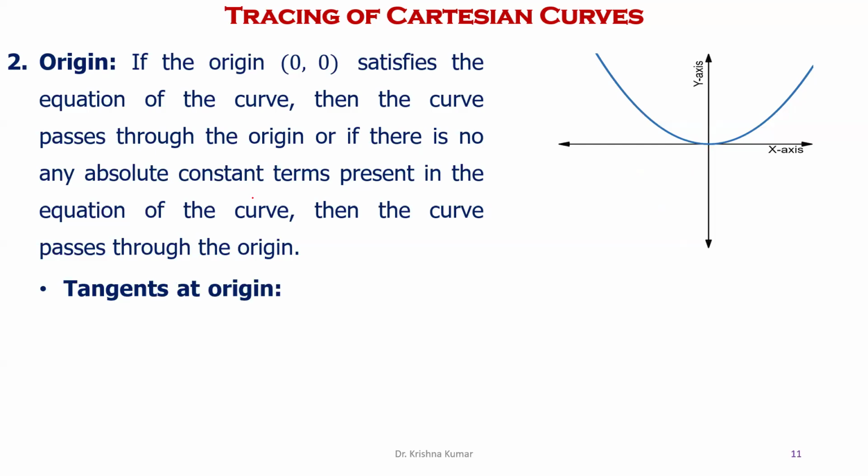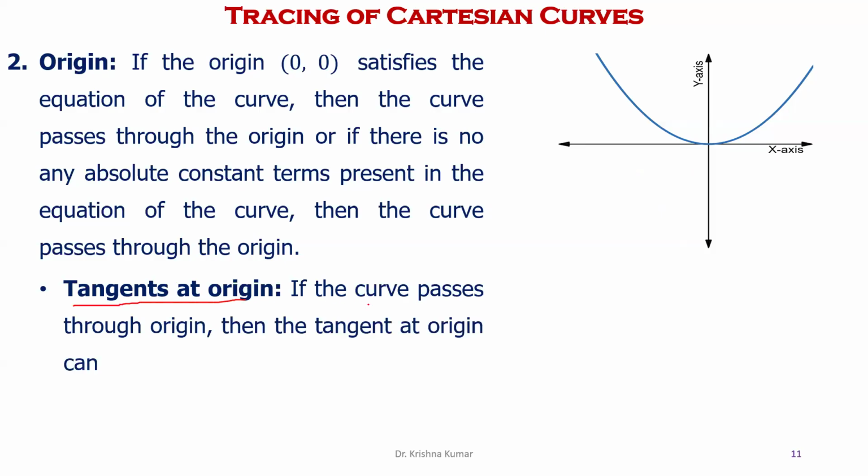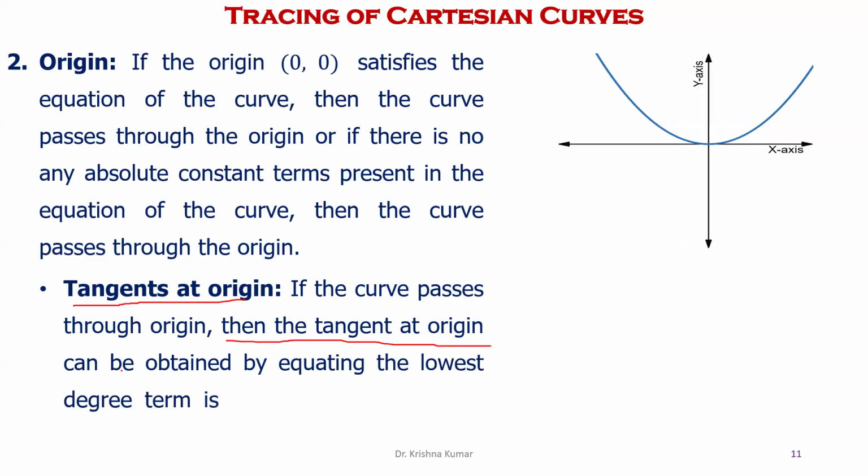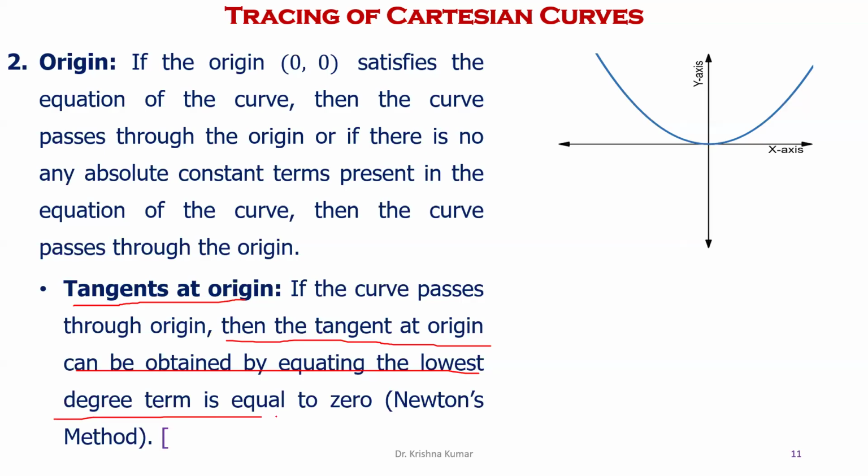Now, if the curve passes through the origin, is it possible to find the tangent at the origin? Yes. If the curve passes through the origin, then the tangent at the origin can be obtained by equating the lowest degree terms to 0, which is called Newton's method. Let us take one example: 2ay square minus xy square equal to x cube. What is the lowest degree term? It is 2ay square.